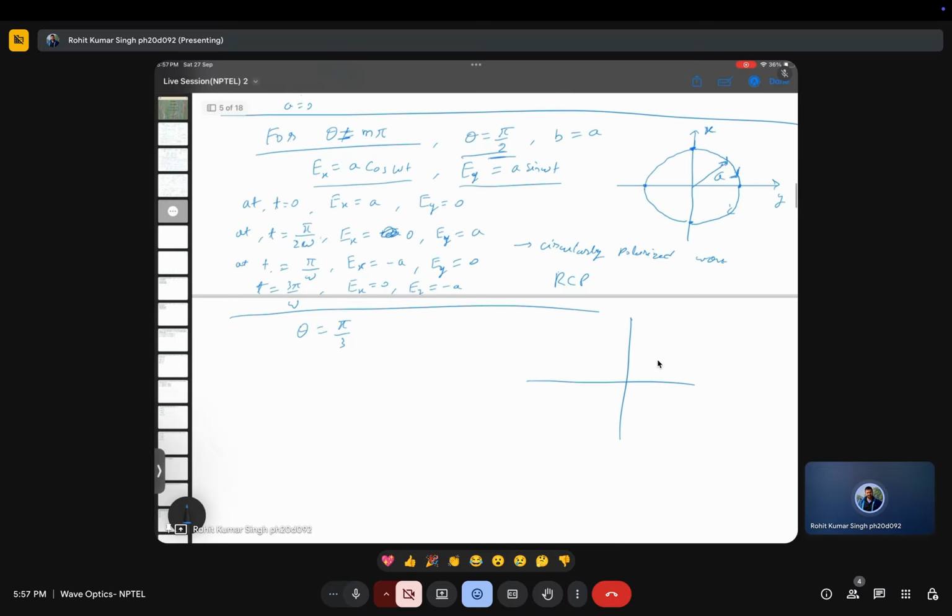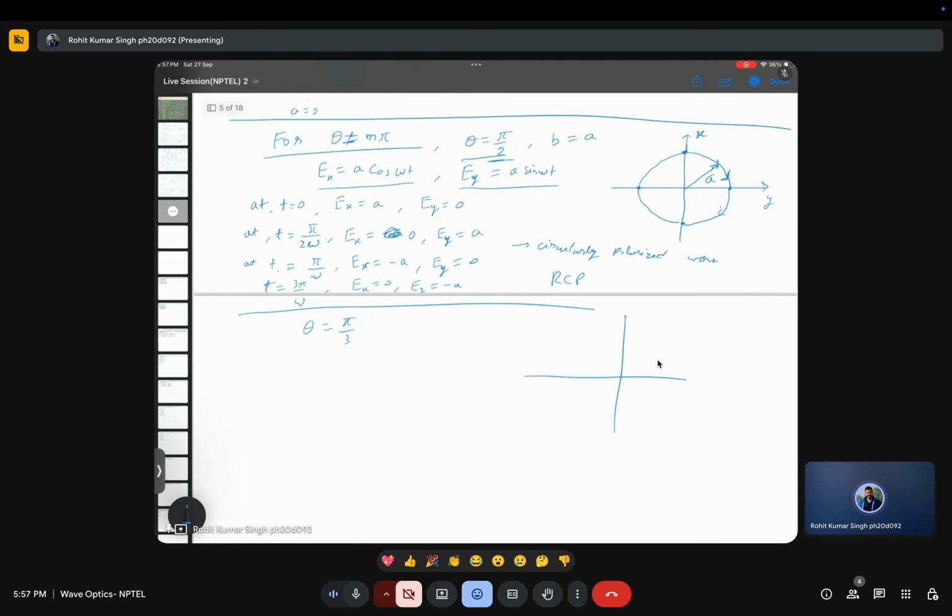At theta equal to 3 pi by 2 you will get left circularly polarized, and so on. And for theta equal to pi by 3 you will see that you will get an ellipse. So right elliptically polarized.